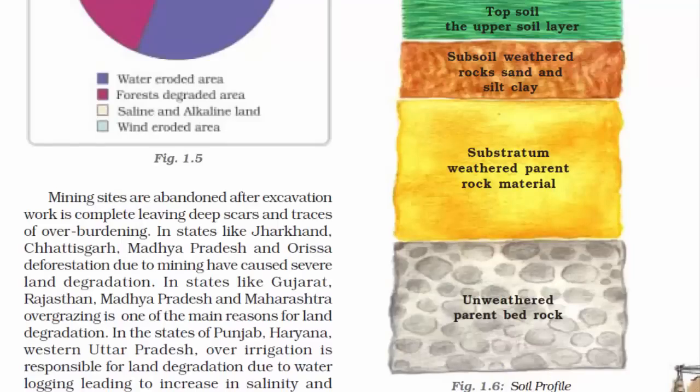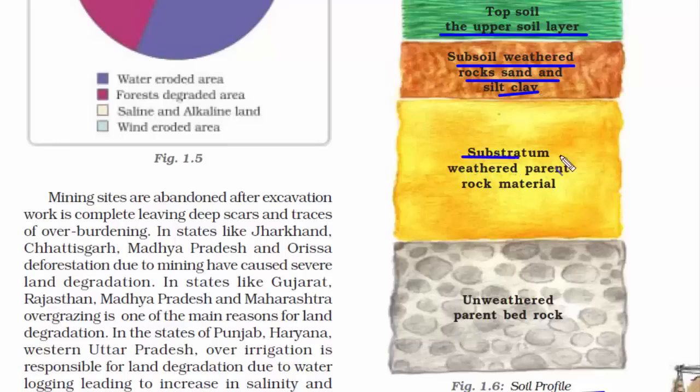So if you look at this diagram, it shows us the soil profile. On the top layer we have the soil layer, which is called the upper soil layer, and below that we have the subsoil, which is the weathered rocks, sand, silt and clay. That's why in many places if you dig through the top layer, in a matter of a few feet you will witness wet soil, or in other words, silt or clay.